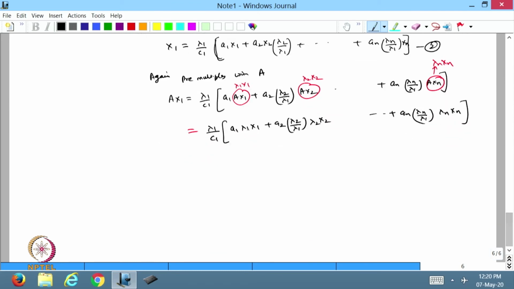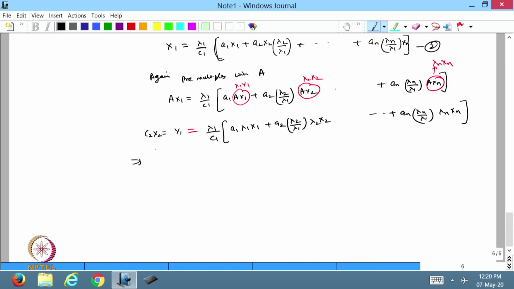Again I take lambda 1 common, and this will be y1, and I take the common factor, so this equals C2 x2.